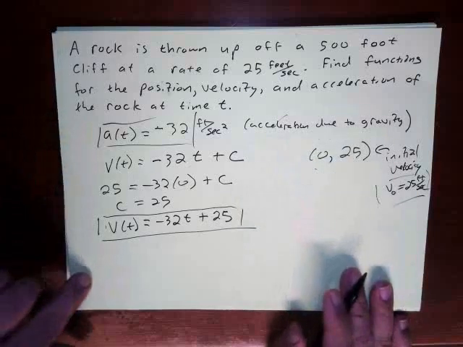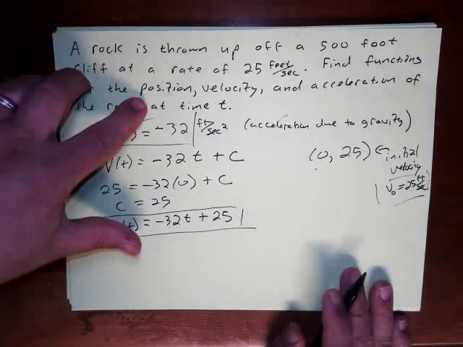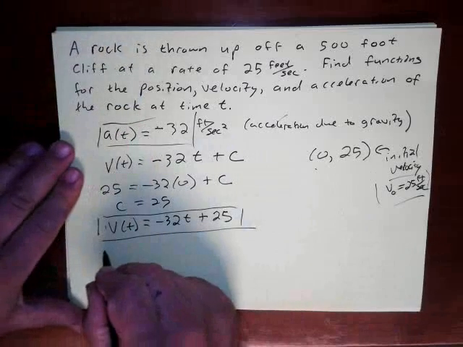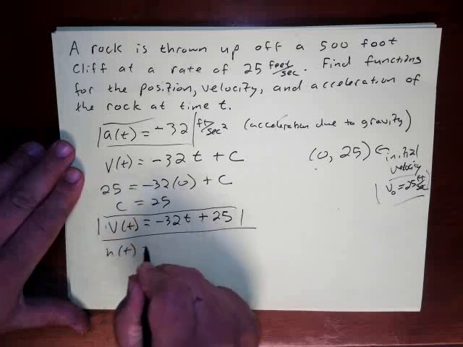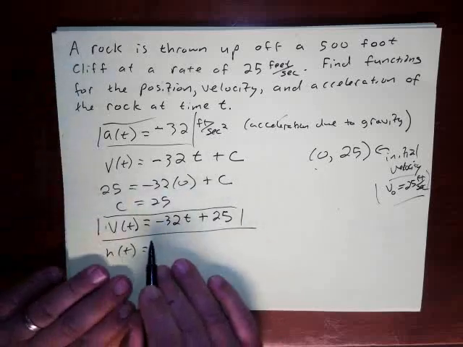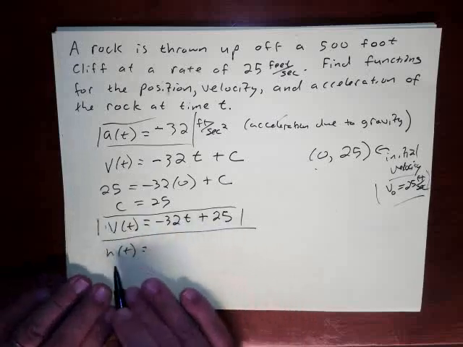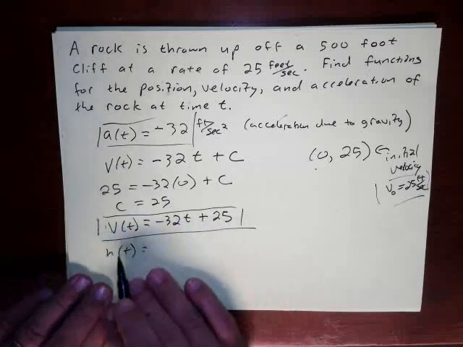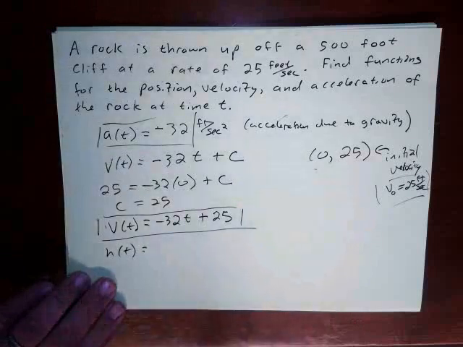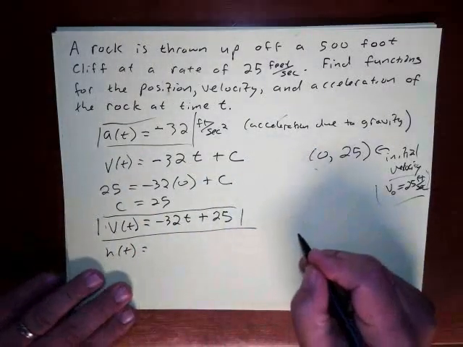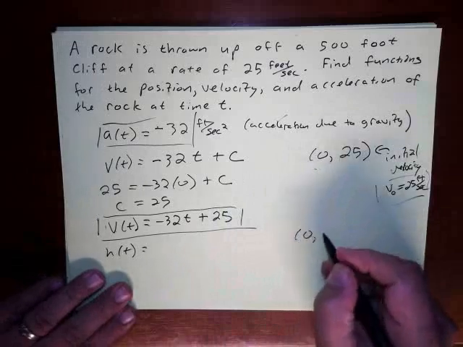And so now I can find the position function, which we'll call the height function. And the height function is just going to be the antiderivative of the velocity, okay? Because the velocity would be the derivative of the height. So we find the antiderivative, and it'll have an initial condition at time 0.